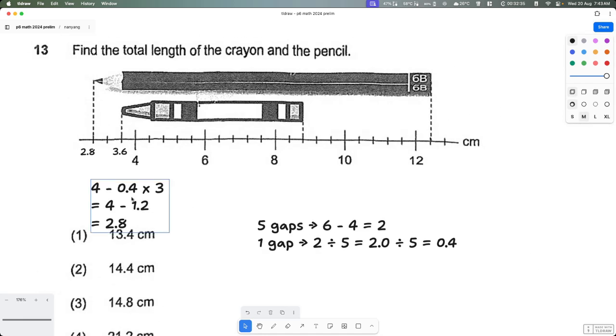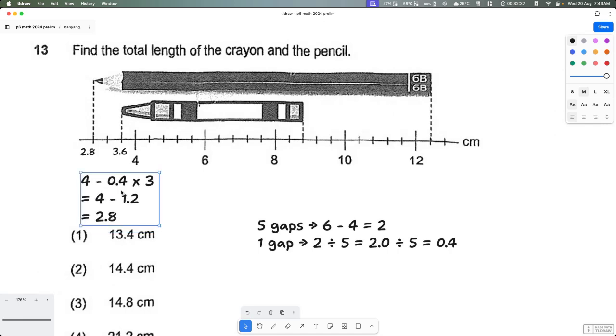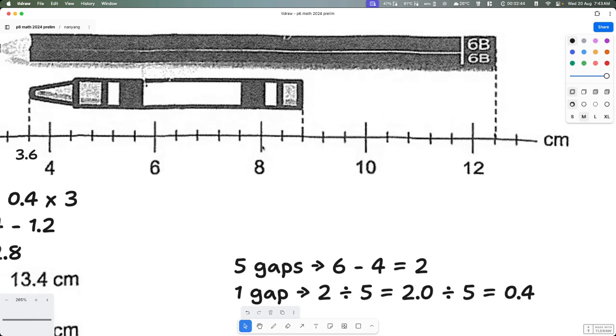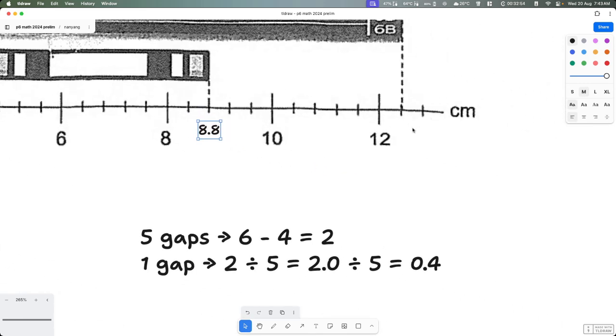Actually, we can count the number of gaps. We don't need to. But either way, we can just count. Okay, the gap. So 8.4, 8.8. So this is 8.8 in this crayon over here. And then lastly, our pencil will be 12.4. 12.4.